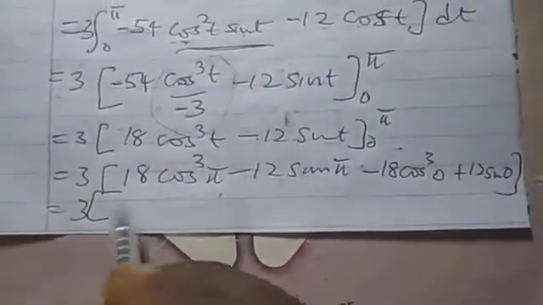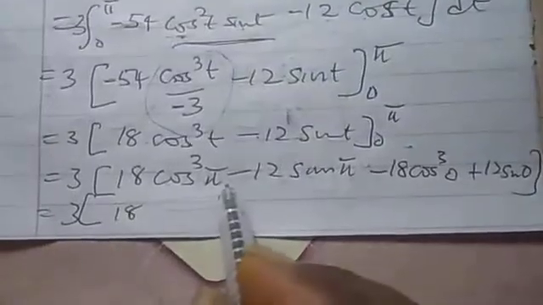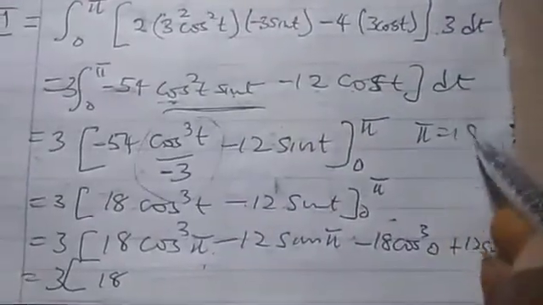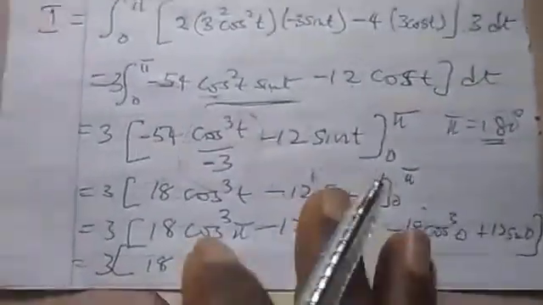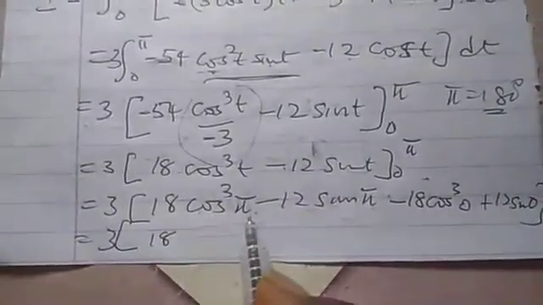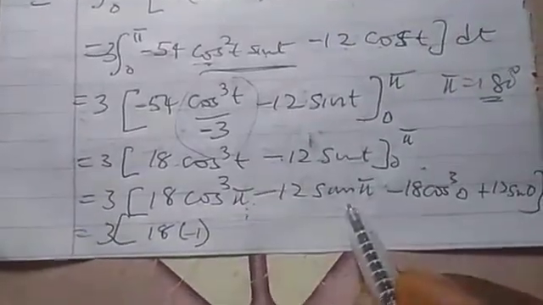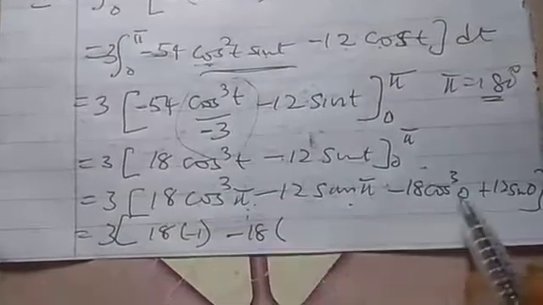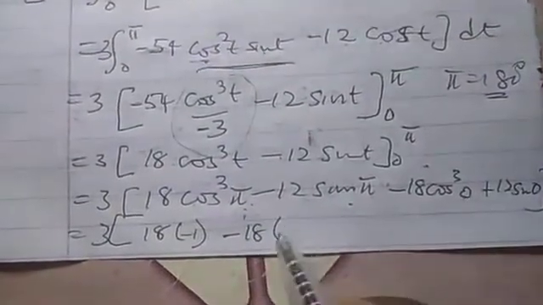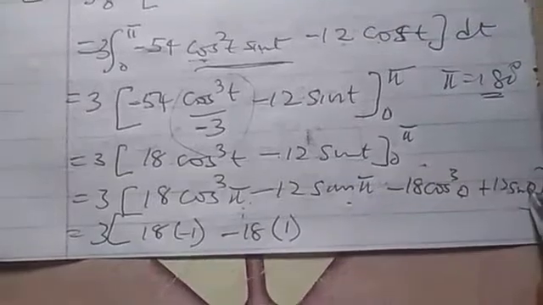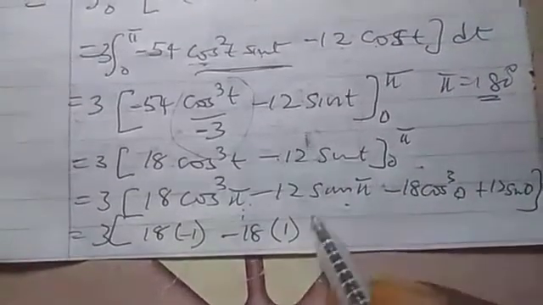This is 3 into cos pi, which is minus 1. Pi is 180 degrees, that means cos 180 degrees is minus 1. Then minus 1 cubed is still minus 1. Sin pi is 0, so we don't need to consider it. Then minus 18 into cos 0, which is 1. Also, sin 0 is 0.